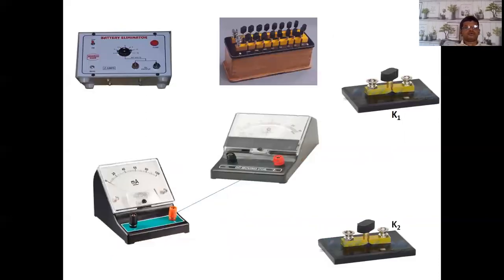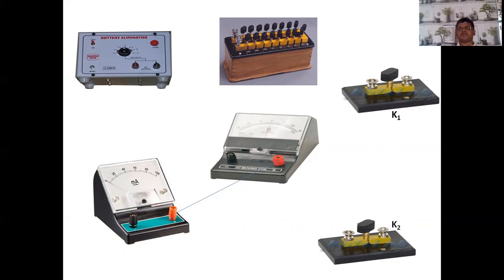So we want some setup. Setup means a battery, R box, G meter, milliammeter, and two keys, simple key K1 and simple key K2, and then one shunt wire. First we start the connection from the G meter plus.